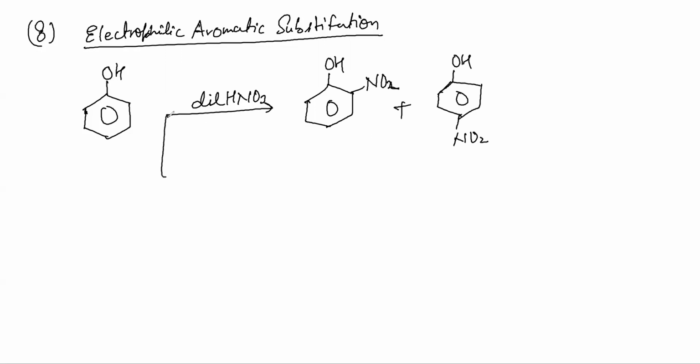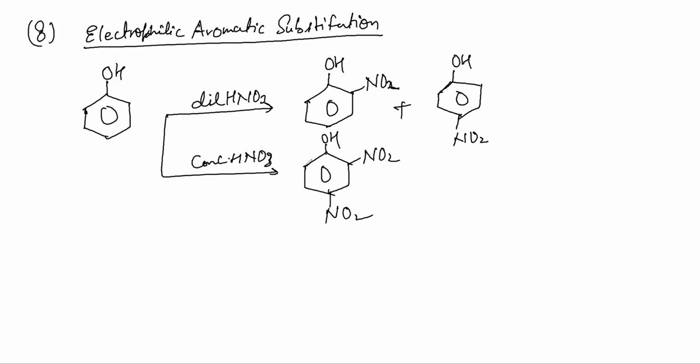But suppose you thought, no, I will react it with concentrated HNO3. So what will happen? You will get substitution not only at one place, but at all the places. You'll get picric acid here.